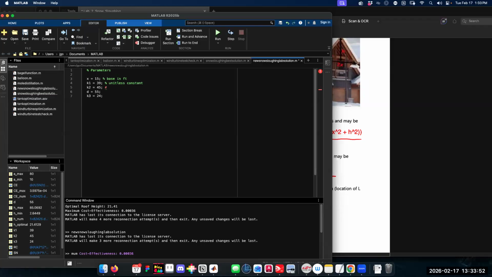K2 is the end panel cost coefficient. D is the depth of panel. And then K3 is the side panel cost coefficient.